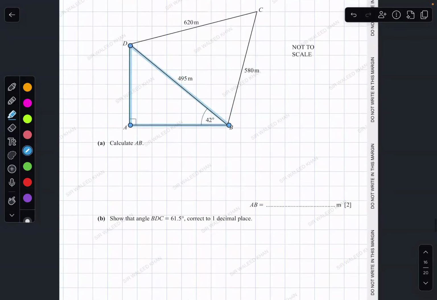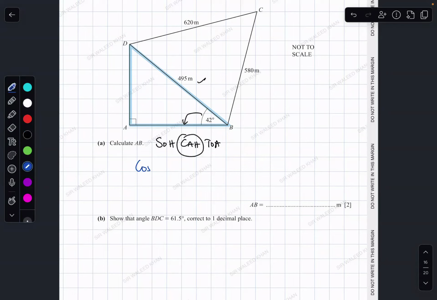We can use SOH CAH TOA, or some people have curly brown hair, to figure out AB. Now AB is, in this case, the adjacent. And we have the hypotenuse, we want the adjacent. So I can use opposite and adjacent, tan. Right? So tan of, no, adjacent and hypotenuse, not opposite. Cos.